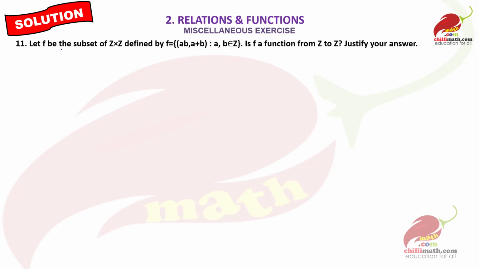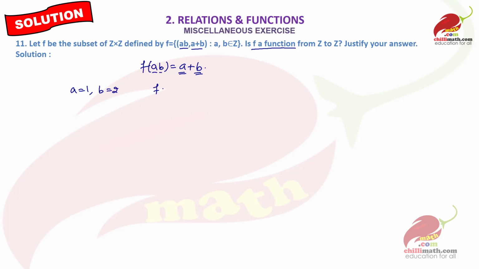Eleventh question is, let F be the subset of Z × Z defined by F((a, b)) = a + b, where a, b belong to integers. Is F a function from Z × Z to Z? Justify your answer. So we are given F of (a, b), that is, F of ab is equal to a + b. We have to check whether it's a function or not. Let a = 1, b = 2.